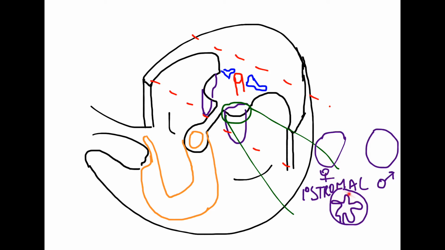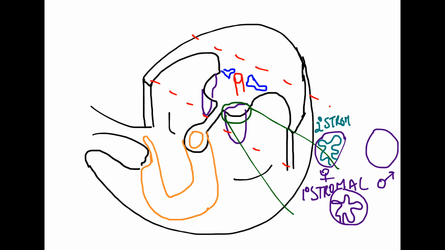So it's forming a network, right? This rete ovary will then degenerate to form a new type of stromal cells, called secondary stromal cells.